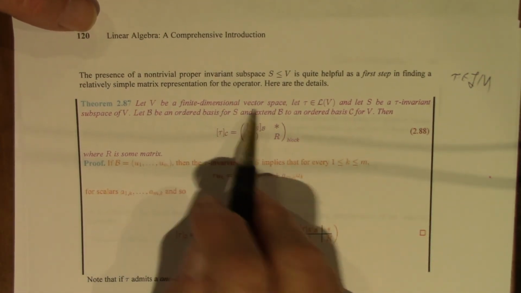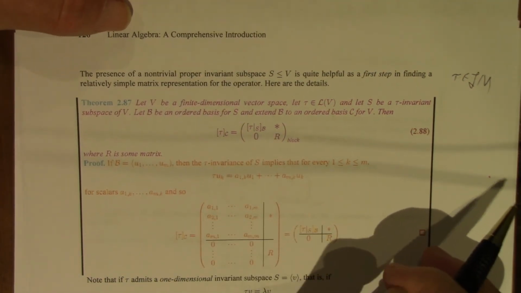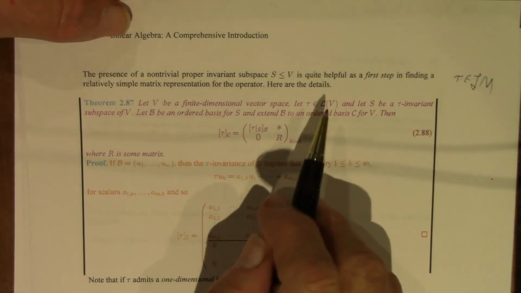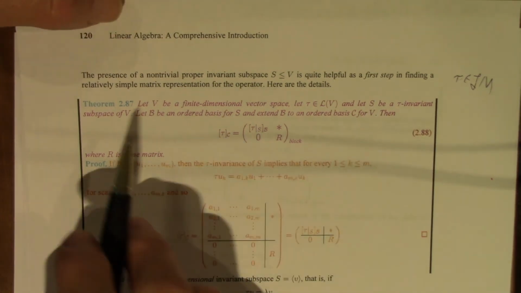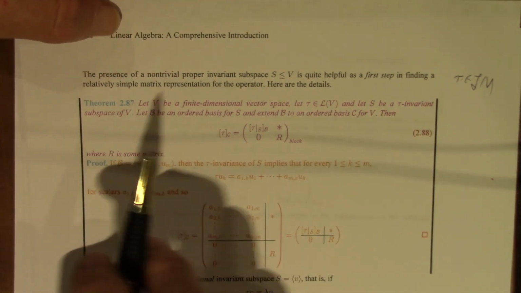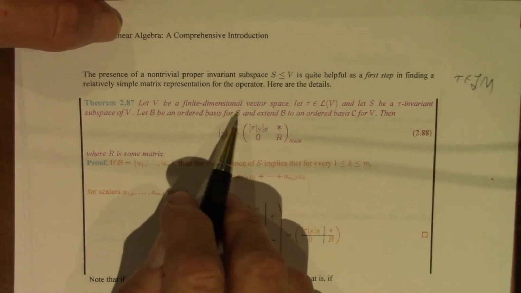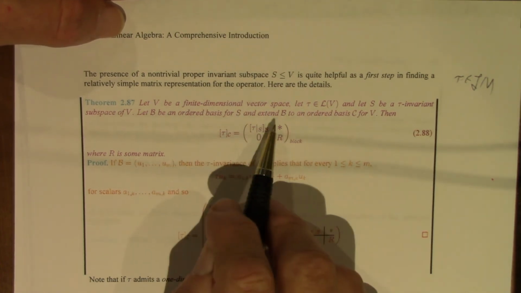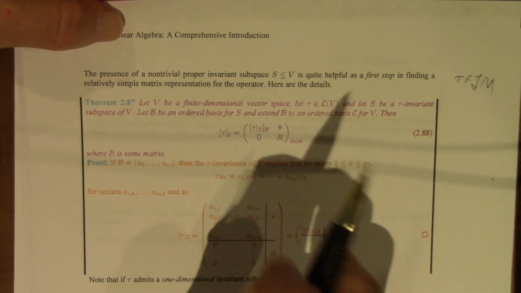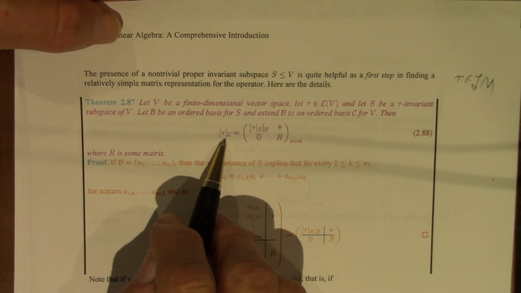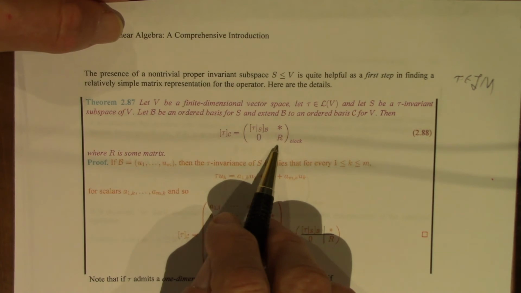V is a finite dimensional vector space. We're talking about matrix representation, so that means we're talking about finite dimensional linear operators. Tau is an operator on V, and S is a tau invariant subspace. Now, if we take an ordered basis B for S, we can extend it to an ordered basis C for V. Then the matrix representation of tau with respect to C has this block form.